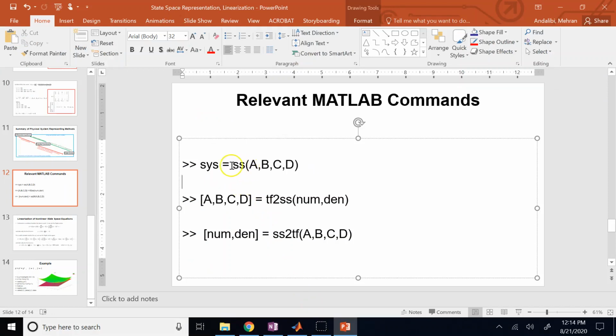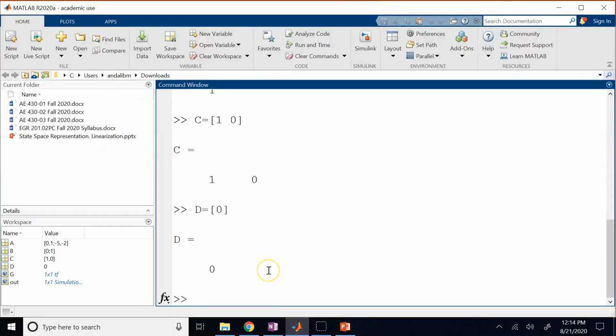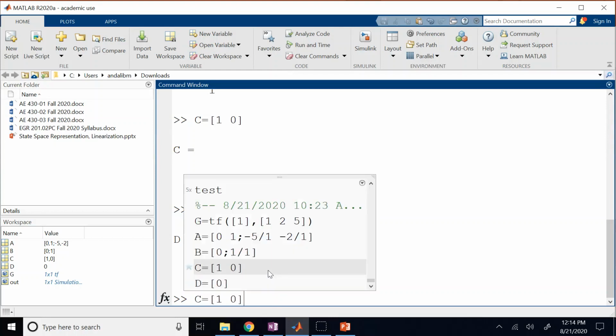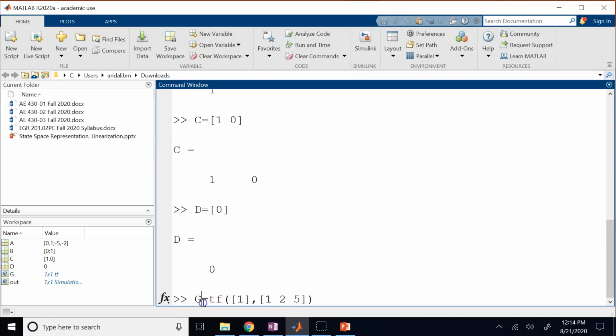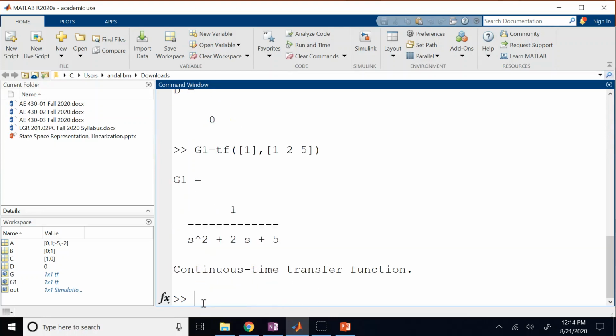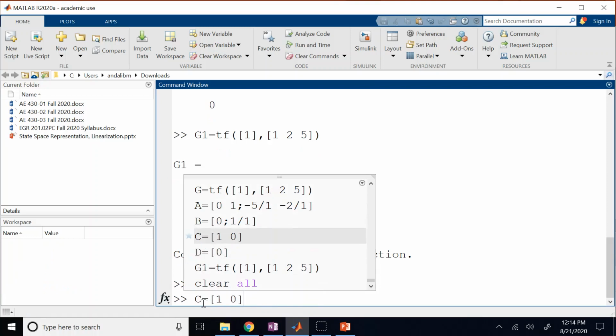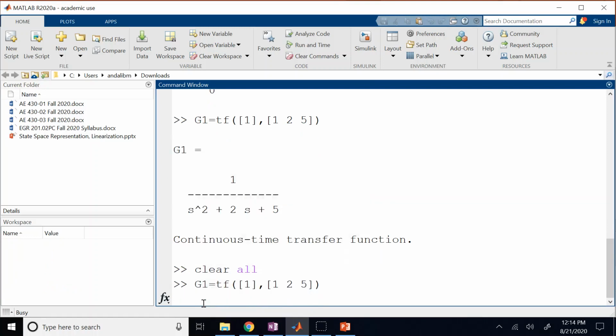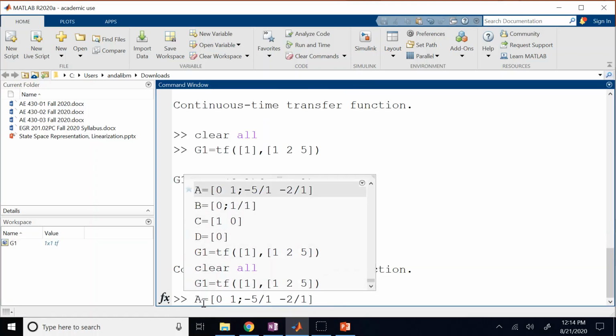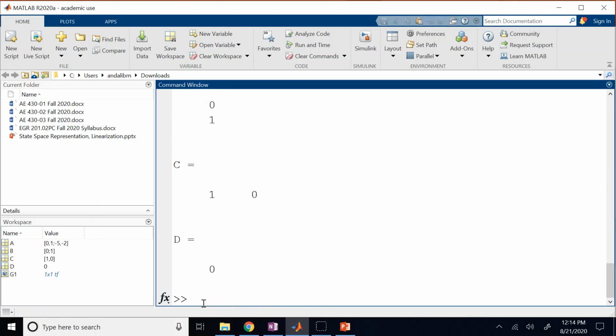Yes, in MATLAB, the command to use is called SS, state space. So let me call this system G1, if you don't mind. Oh, big mistake, I should just clear G. That's fine.